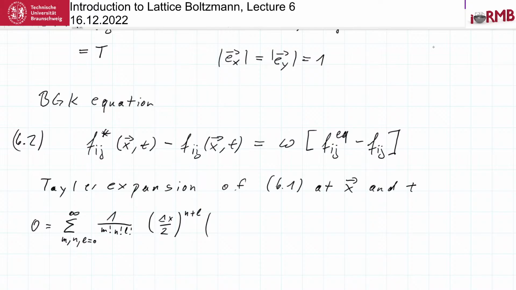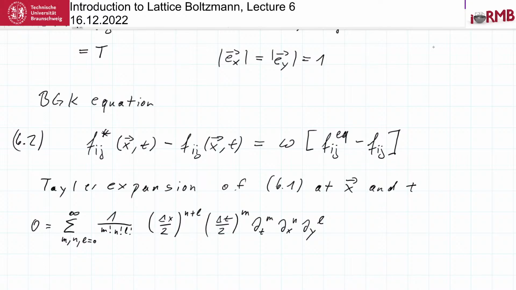So we move delta x half, and we move delta t half, by the power of m, and then we have its derivatives dt, dx, and dy. So this is the m-th derivative in t, the n-th derivative in x, and the L-th derivative in y.